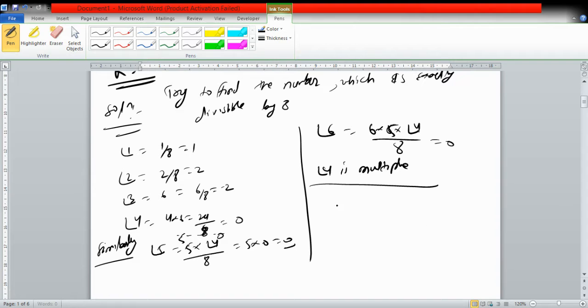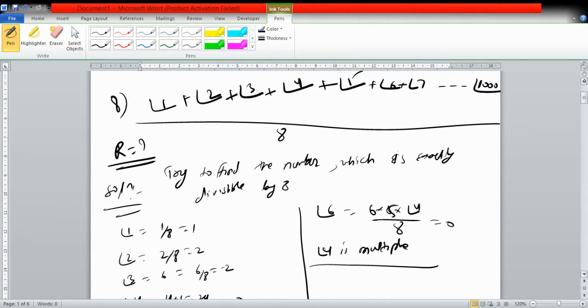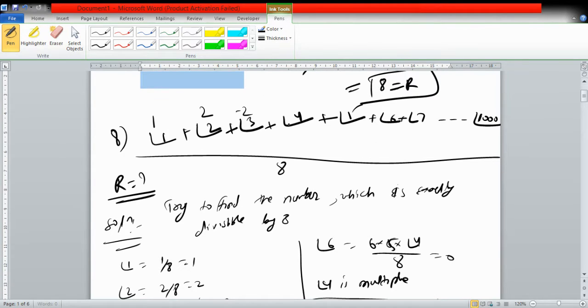So factorial 1 by 8 is 1, factorial 2 by 8 is 2, factorial 3 is 6 by 8, which is minus 2, and factorial 4 divided by 8 is 0, factorial 5 by 8 is 0, factorial 6 by 8 is 0, factorial 7 is 0, because after that in all the numbers factorial 4 is a multiple, and that 0 holds up to 1000 also.